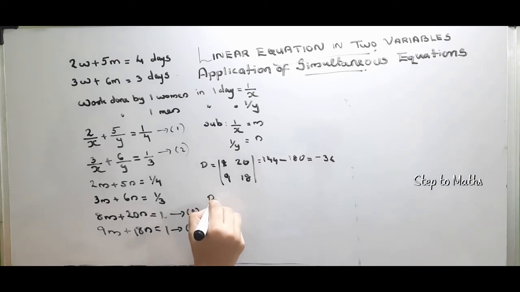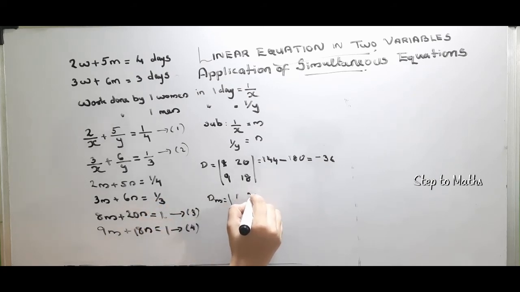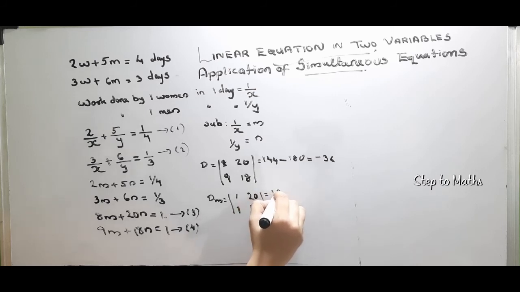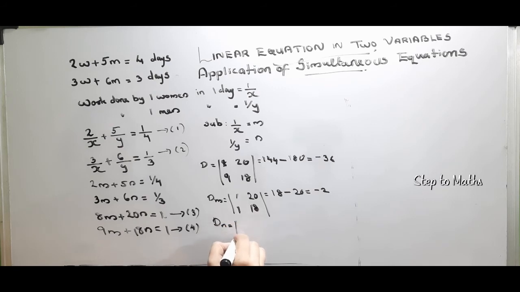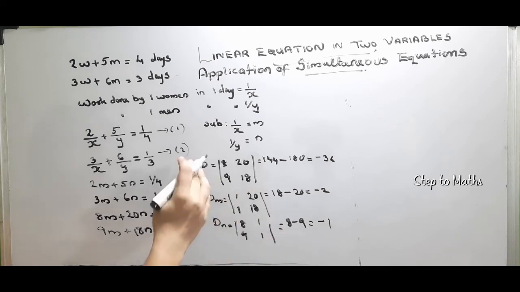Now Dm is equal to the determinant of 1, 20, 1, 18, that is 18 minus 20, equal to minus 2. Then Dn is equal to the determinant of 8, 9, 1, 1, that is 8 minus 9, equal to minus 1.